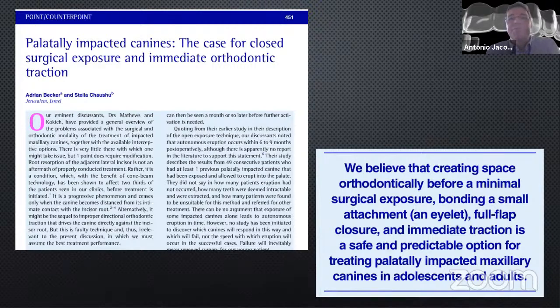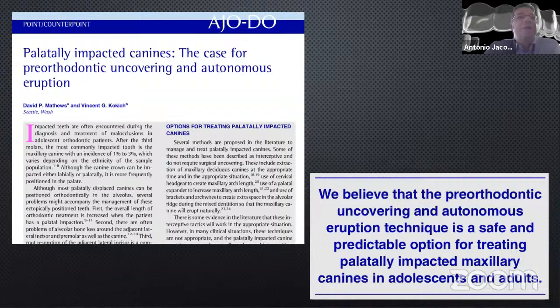Whenever it's possible, I try to close the flap. And the group of Kokich and Dave Matthews believe that the pre-orthodontic uncovering and autonomous eruption technique is a safe and predictable option for treating palatally impacted maxillary canines, also in adolescents and adults. But in some cases, you cannot recover at all.